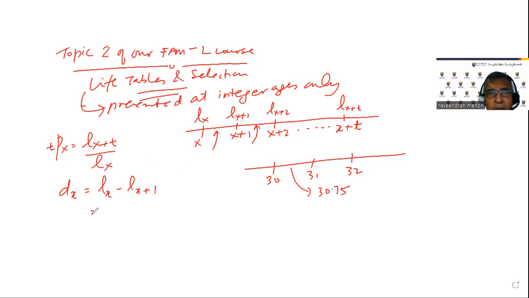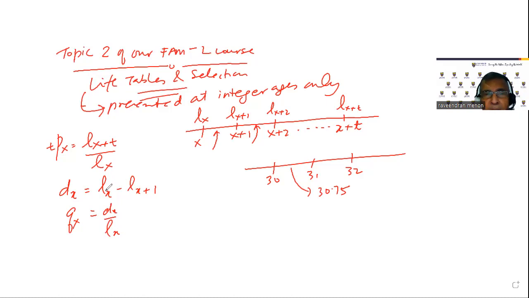We can also write q_x equals d_x over l_x. What is q_x? It's a mortality rate, the probability of dying between age x and x plus 1. Just count the number of people who die between x and x plus 1 and divide it by the number of people you started with, which is l_x. You get q_x. So we'll be working with things like this.